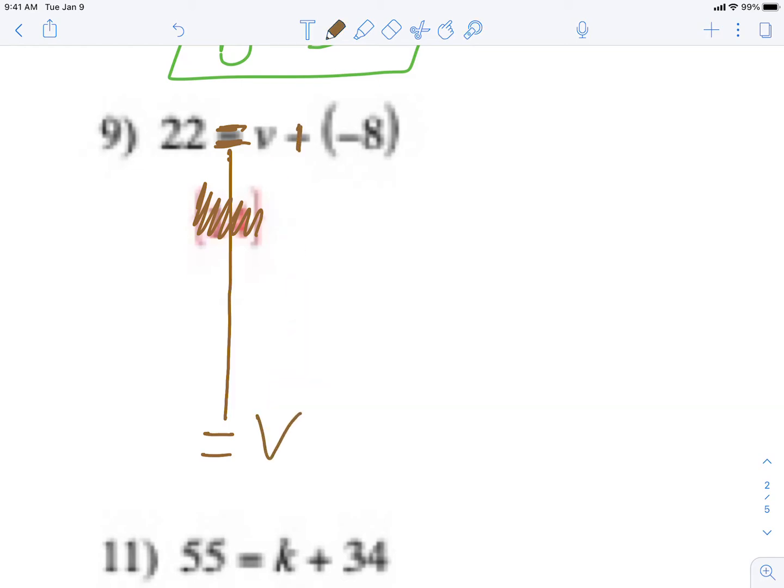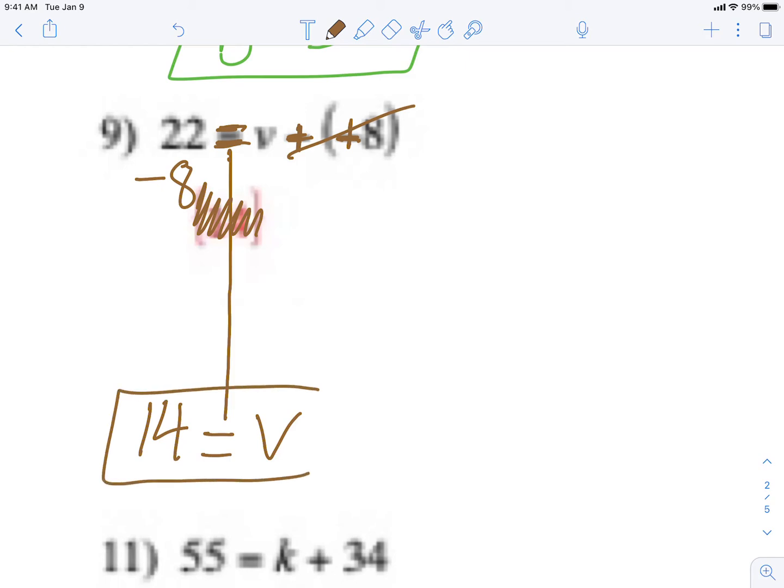So remember again, when I have a double negative, negative makes plus. So I have to move this 8 over to the left side and make it minus 8. And now 22 minus 8 is 14. And it's a positive 14 because 22 is bigger and 22 is a positive.